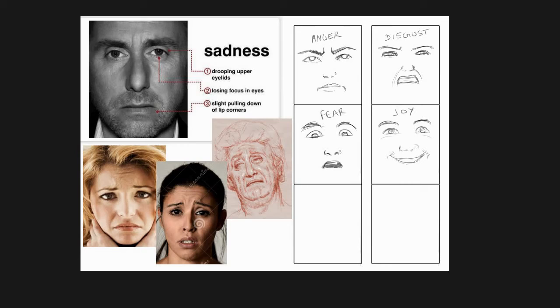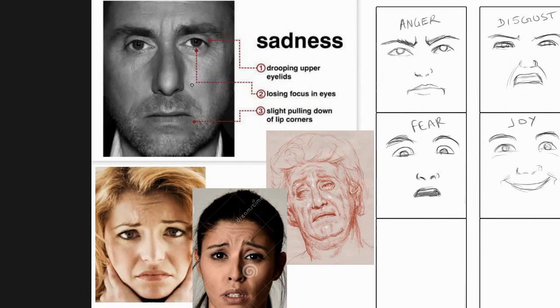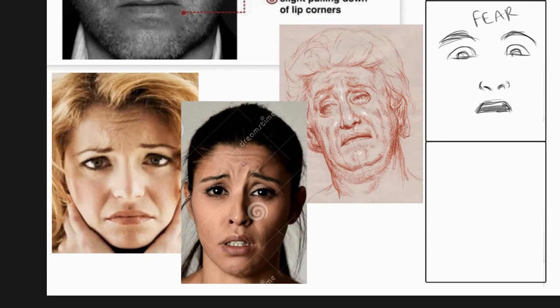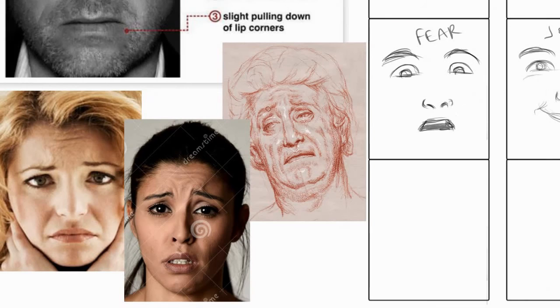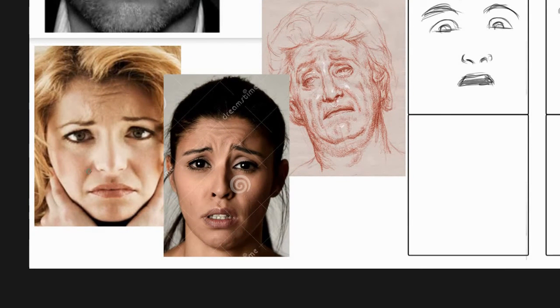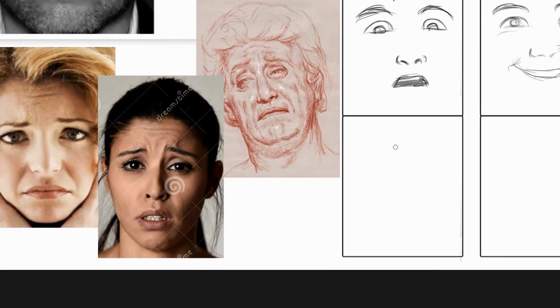Next one is sadness. Here I noticed that the eyebrows are raised towards each other, but in a different way than anger, of course, in an upward manner. And the eyes also sort of follow the shape of the eyebrows.